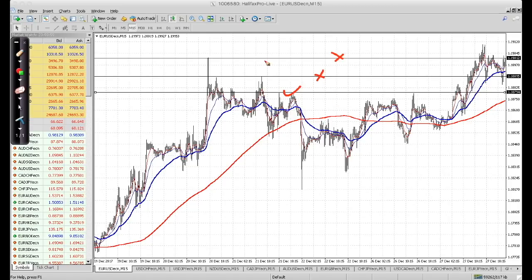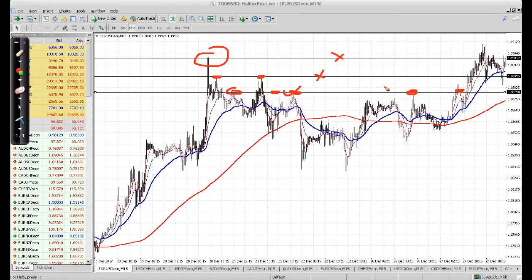Okay? If I draw it here, it only touches once. If I draw it here, it only touches twice. But when I draw it here, notice it touches once, twice, 3 times, 4 times, 5 times. So it's a more reliable level, right?